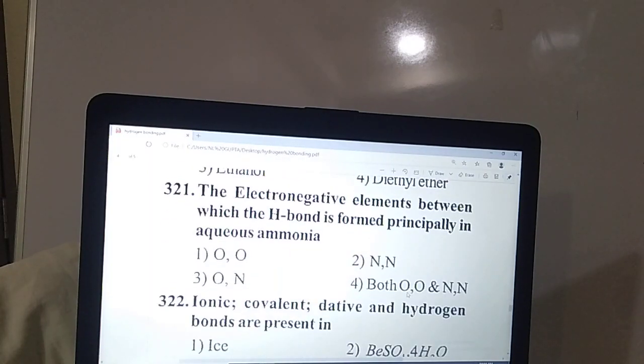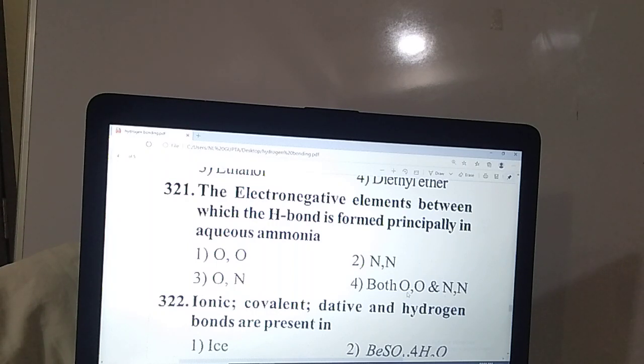321, which of the hydrogen bonds is formed principally in aqueous ammonia, between which electronegative elements? Oxygen and nitrogen, both. So for 321, option number 3 is possible.